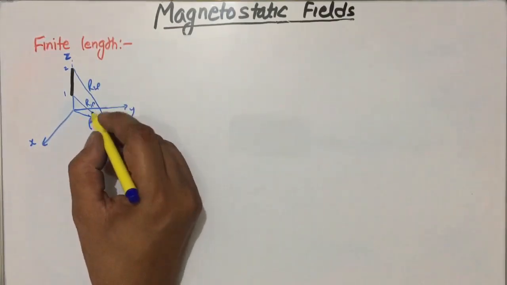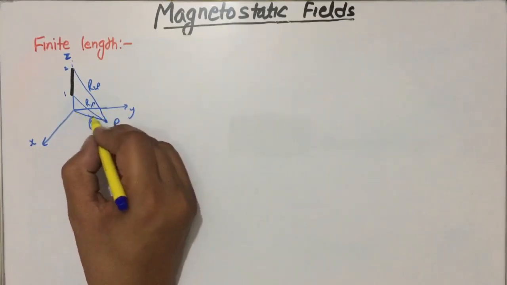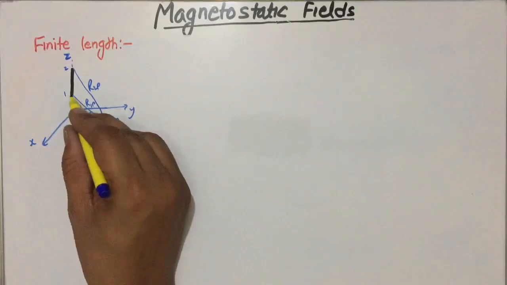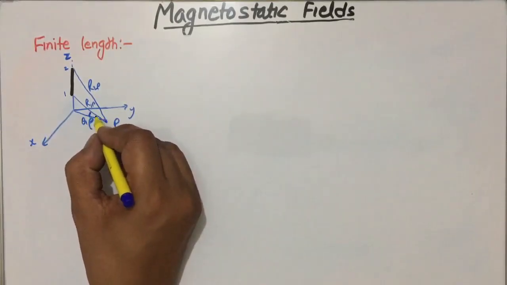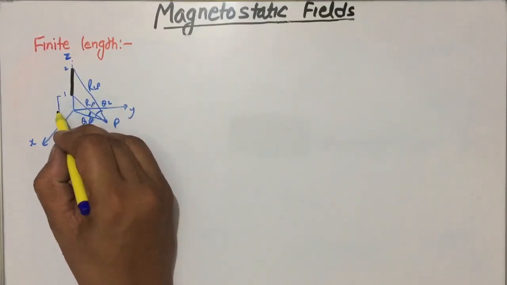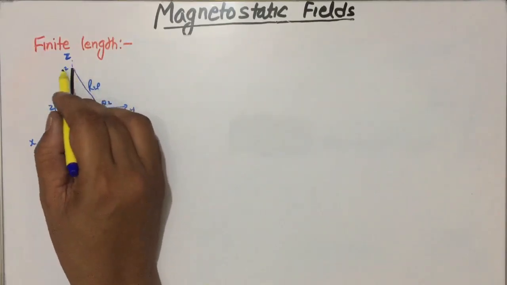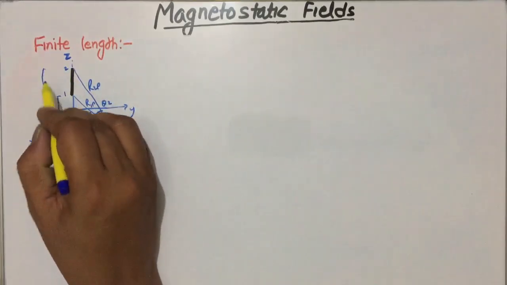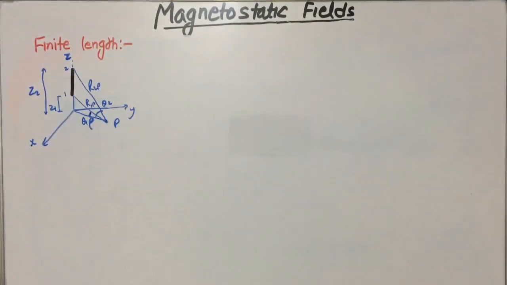And this angle that is made by this rho with this line will be theta 1, and this will be theta 2. This is z1, and this will be z2. This is the structure that we can have for this type of problem.